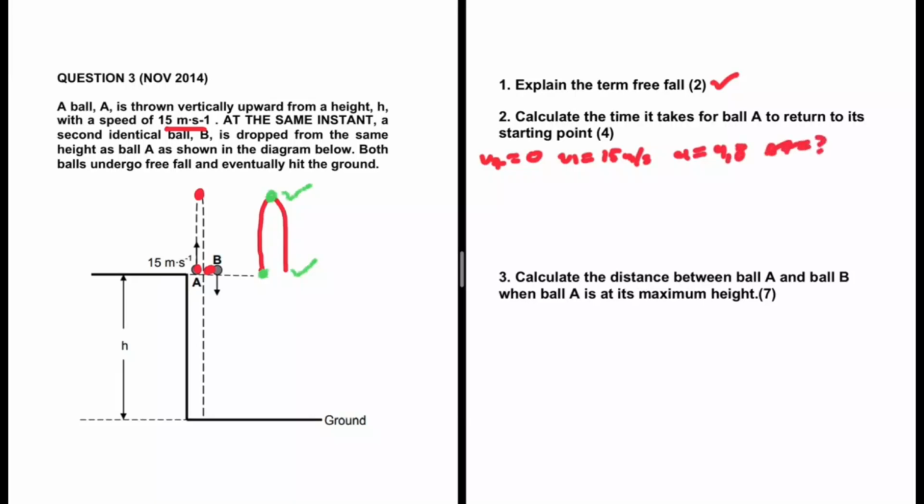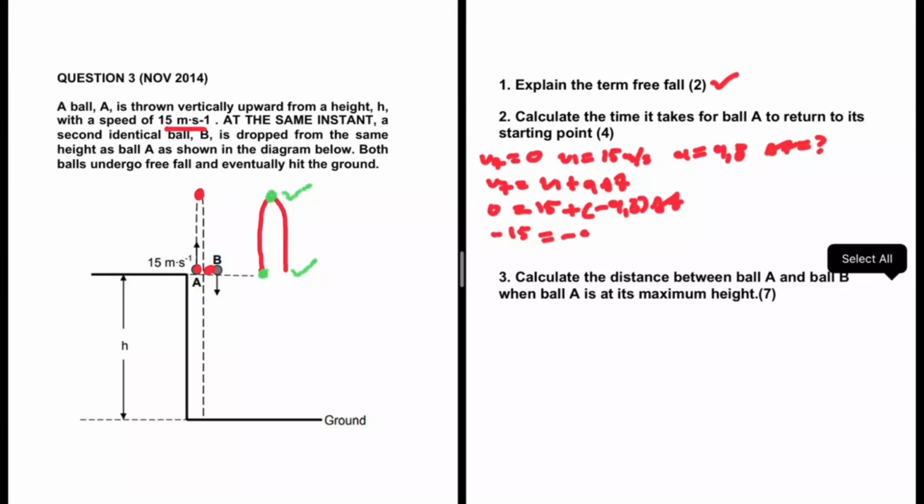With these 4 variables, the equation we need to use is Vf equals Vi plus a delta t, of which Vf is 0. Vi is positive 15 if we take up as positive, plus the acceleration, minus 9.8, multiplied by delta t. So we have minus 15 being equal to minus 9.8 delta t.